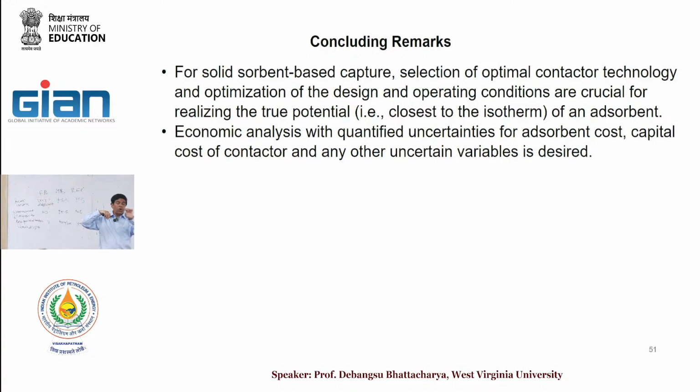I would also suggest economic analysis with quantified uncertainties, like you saw in those uncertainties we did there. Basically saying this is the lifespan of the adsorbent, this is the dollar value or the INR value of my adsorbent. So what is the uncertainty in my economics? Am I going to take the risk? If my lifespan is half a year and in real life it goes down to 3 months, and I'm already going down the roof, then that will not help me.